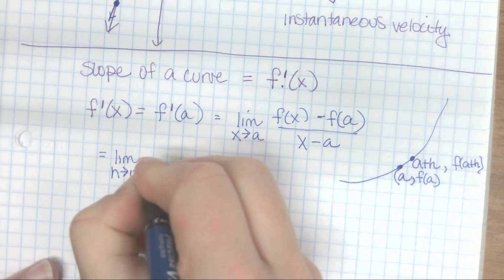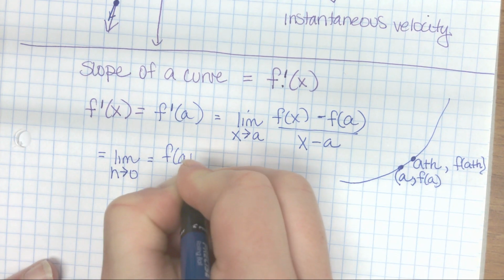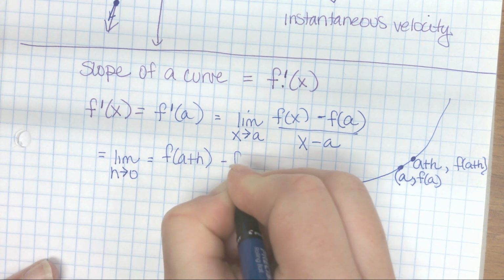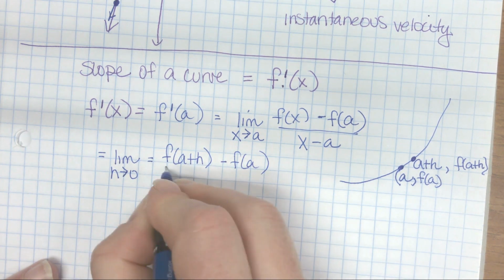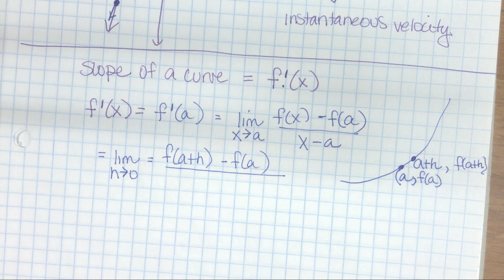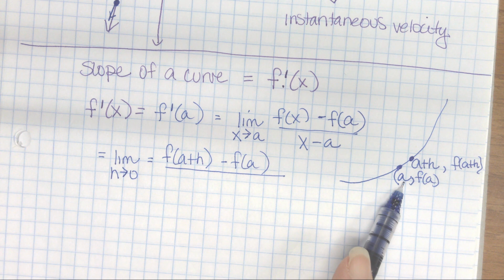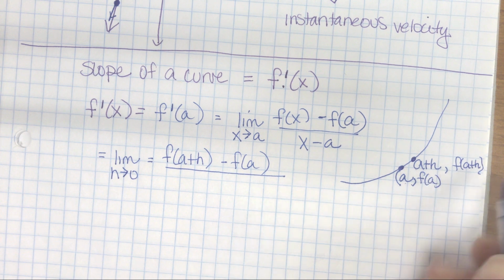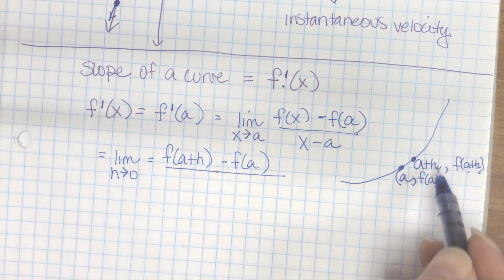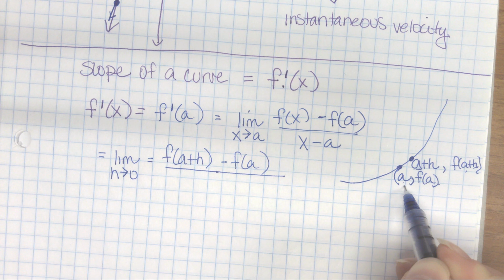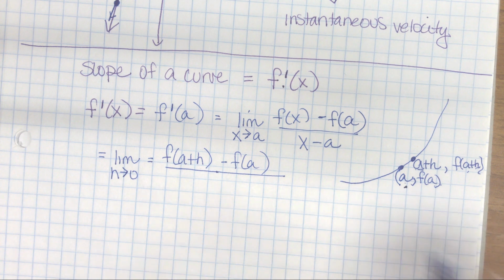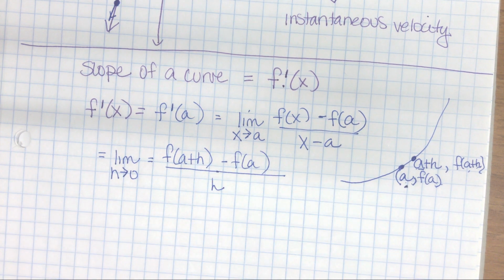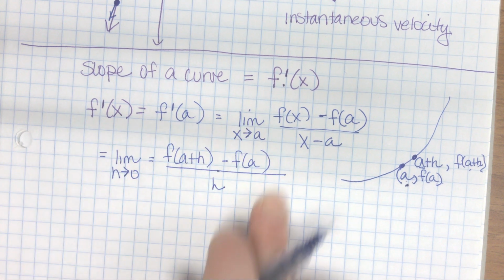What goes on top is f of A plus H minus f of A over A plus H minus A. What's A plus H minus A? Don't the A's just cancel? Yes. This is the one we're going to deal with mostly today.